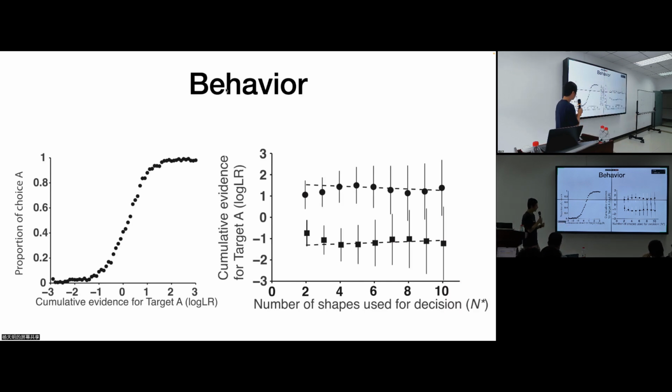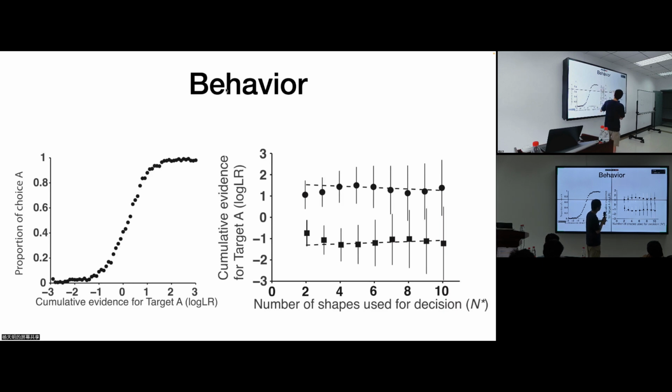Okay, so the next thing we want to show is that the monkey does stop at a threshold, right? So here, the x-axis is the number of shapes the monkey used in their decision. So it varies from 2 to 10. So sometimes the monkey would view up to 10 stimuli before they make a decision.